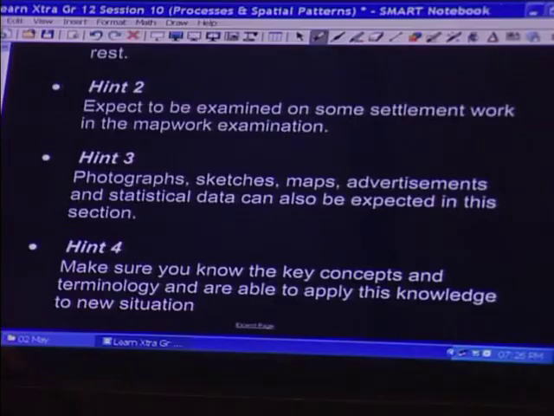Hint 4. Make sure you know the key concepts and terminology and are able to apply this knowledge to new situations. In this case, your new situations would be the examiners testing you on the knowledge that you should be having out of your curriculum content.